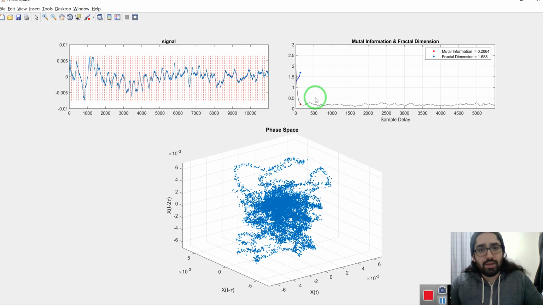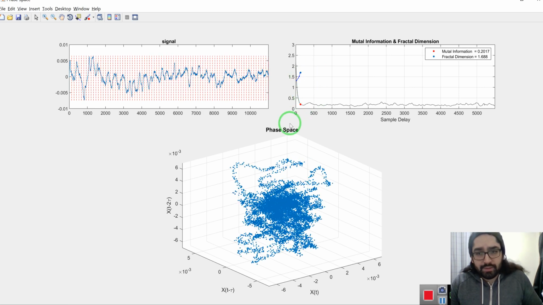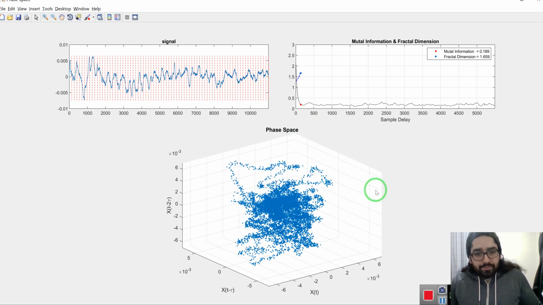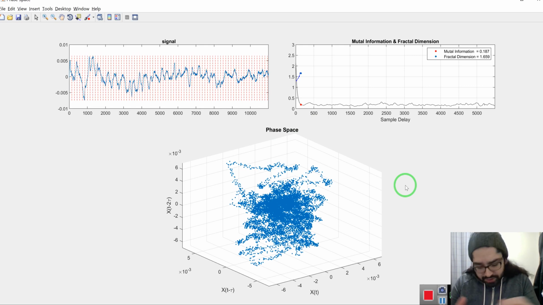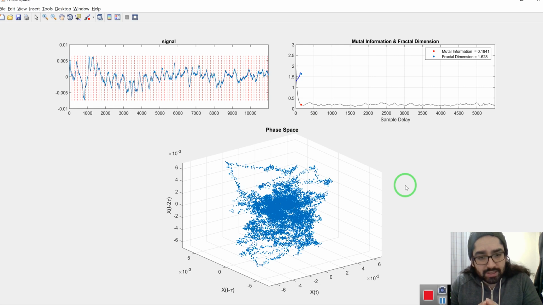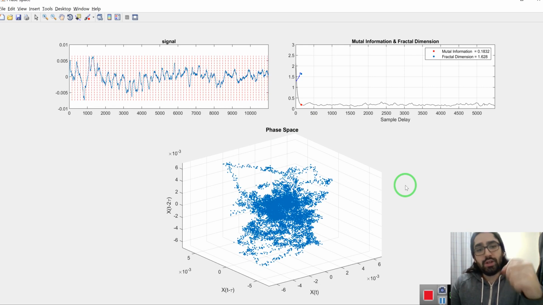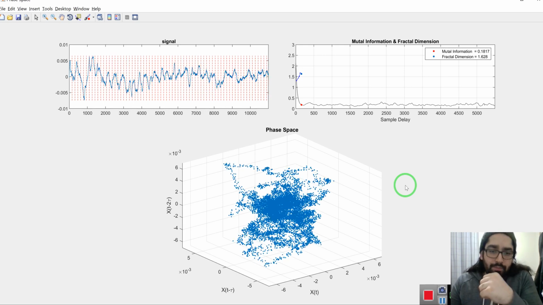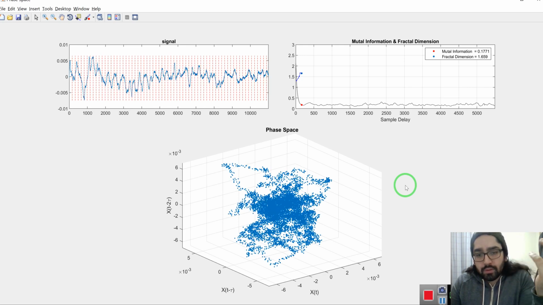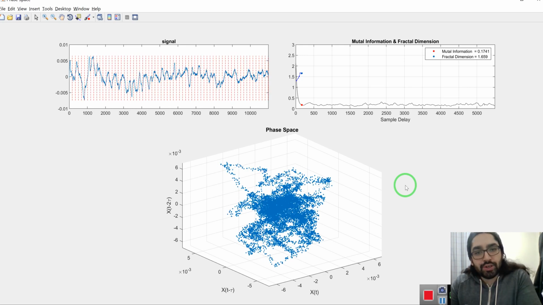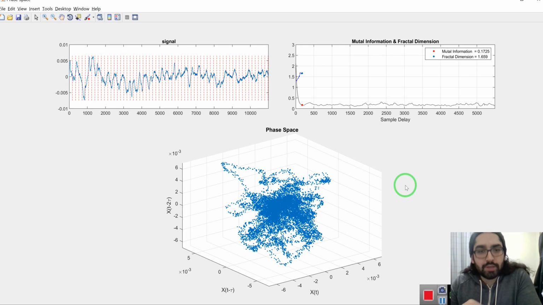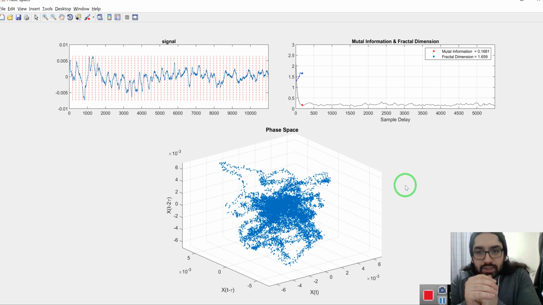Okay, as you see, the fractal dimension goes bigger and bigger, and the shape goes more and more complex. There is information in the contraction and expansion of this phase space that we can extract as a feature to predict a biological change in the future, for example, to predict seizure or to detect a disease such as Parkinson, or something else you can use it for.